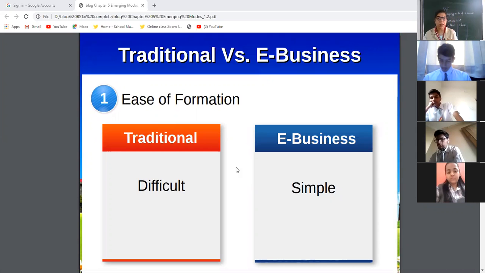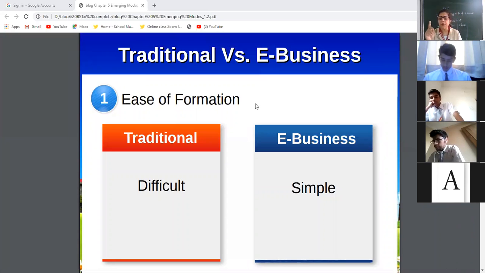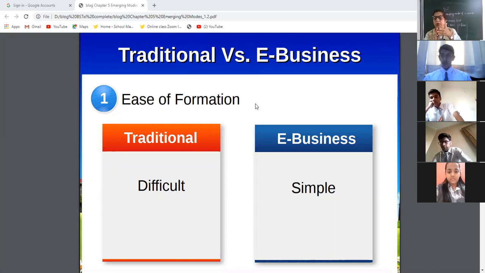In traditional business, the formation of business is very difficult. Why is traditional business formation difficult? The first question may be in your mind. Because for traditional business, more investment, more raw material, more stock, more space, more workers, everything will be required in more quantity compared to e-business.